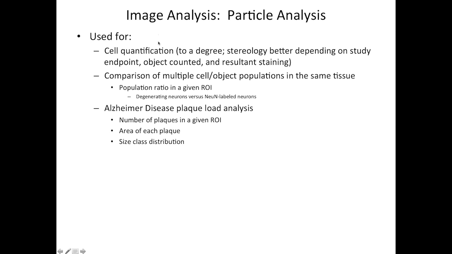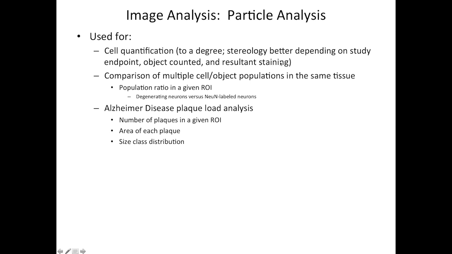So if, like I said before, you have a TH staining in substantia nigra, you're really going to want to go the route of stereology. There's really no other way to count those cells other than stereology. But in an example that I'm going to show you here in just a minute, image analysis really has come a long way, and we've developed a few tips and tricks to get good quantitative data out of certain stains.